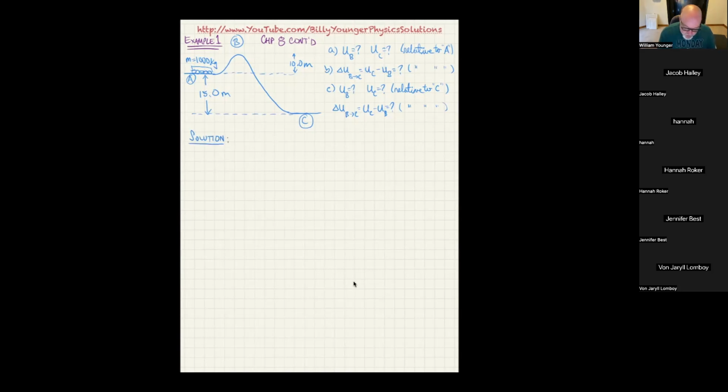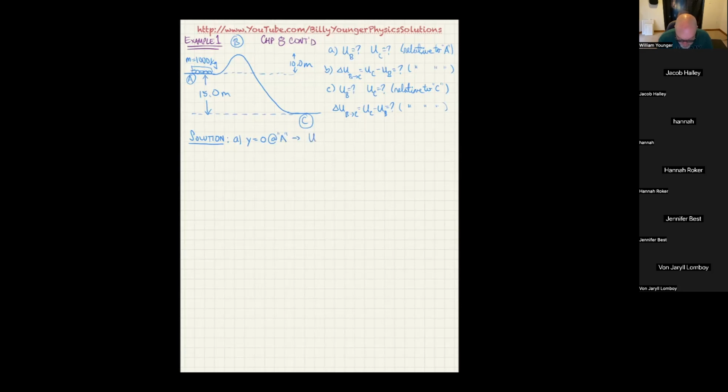It says for part A, they want us to calculate the potential energy at B, so that's U sub B, and also the potential energy at C, but they want me to do so relative to A. What I mean by that when we say relative to A is we're going to go on the assumption that A has y equals 0. So for part A, y equals 0 at A.